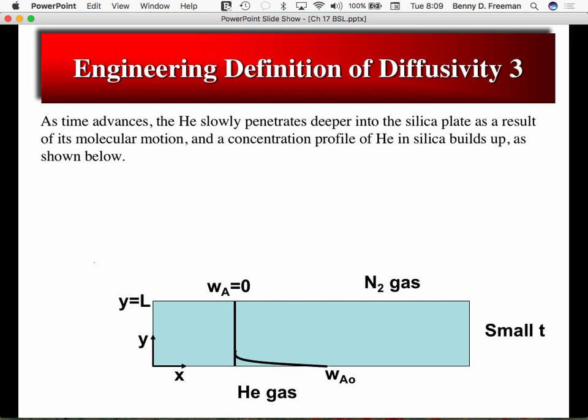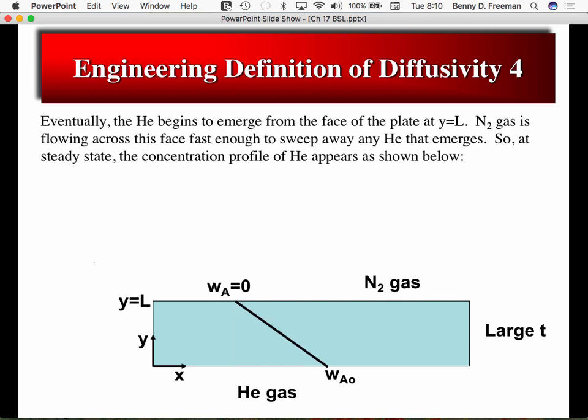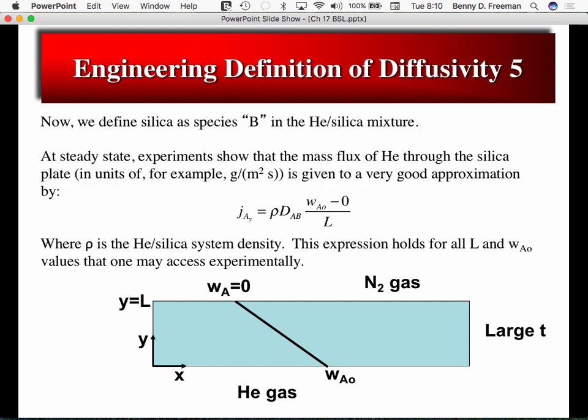fused silica, and over time, as the helium works its way through this material, there will be a buildup of a concentration gradient. At steady state, for all intents and purposes, that concentration gradient will be linear, going from the solubility of helium in fused silica on the downstream side down to a concentration of 0, or mass fraction of 0, on the upstream side, since all the helium that diffuses through this plate is swept away by the flowing nitrogen gas.